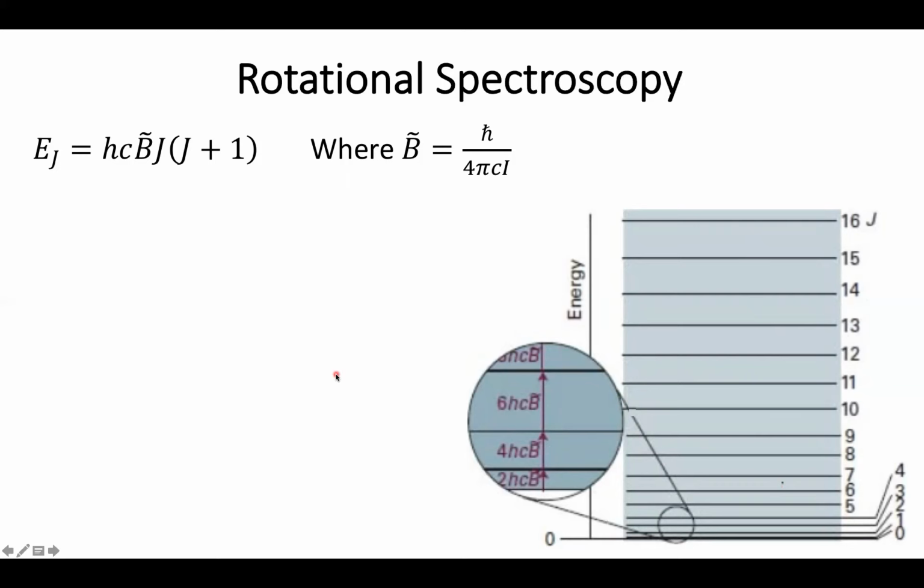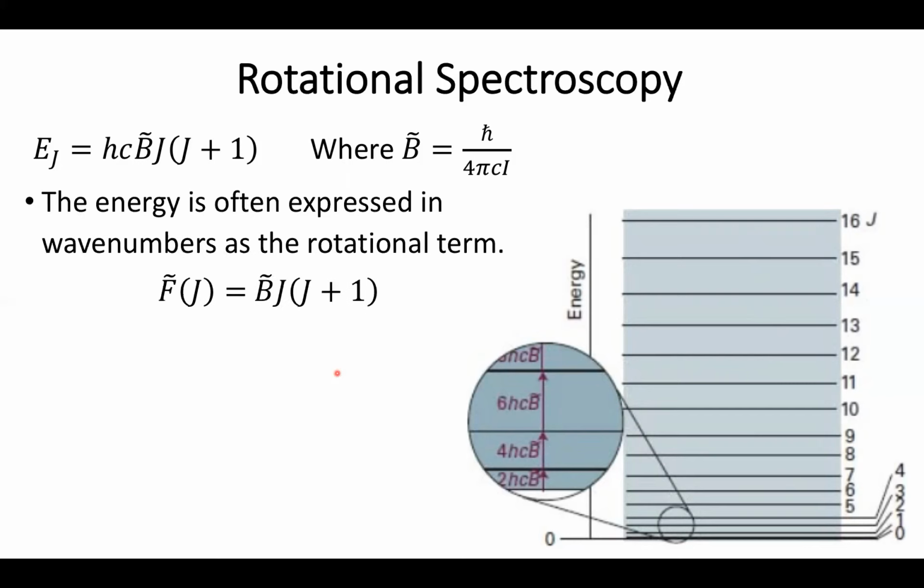And again, being spectroscopy, they are a little bit less concerned about energy levels, like me, the humble quantum guy I am, and care much more about the energy expressed in terms of wave numbers, at which point all we really do is drop the hc term and get what they call the rotational term, which is more or less just the energy in terms of wave numbers.